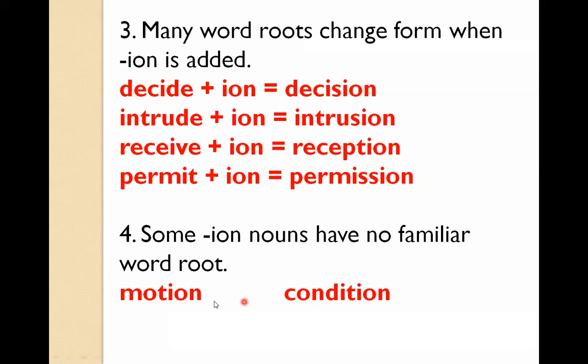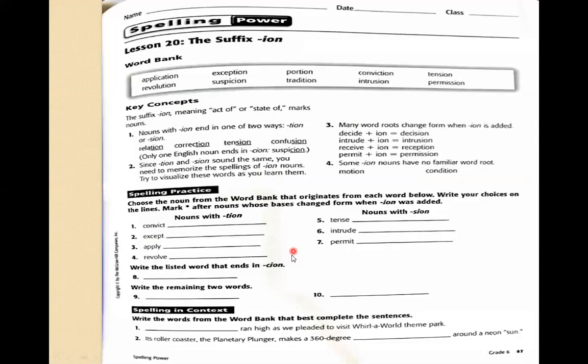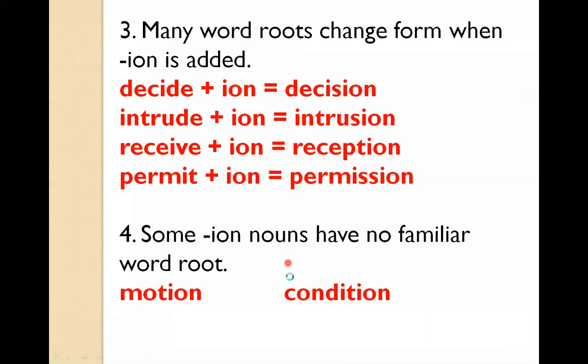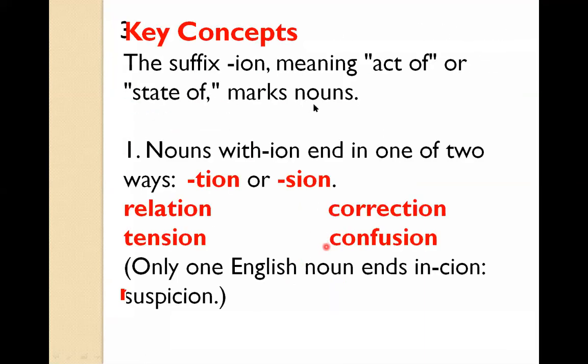So these word roots are not familiar. The root words of these words, like motion and condition, are not familiar when you omit ION. Do you have any question about these four concepts? We talked about the suffix ION, which means the act of or the state of, and it makes a noun. Any word that ends in TION or SION is a noun.